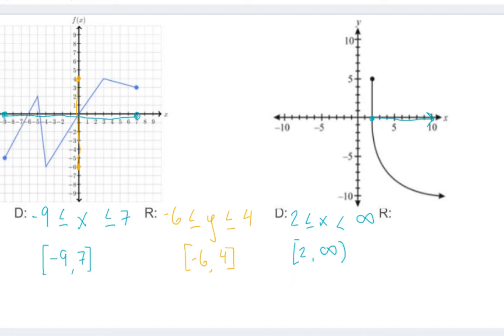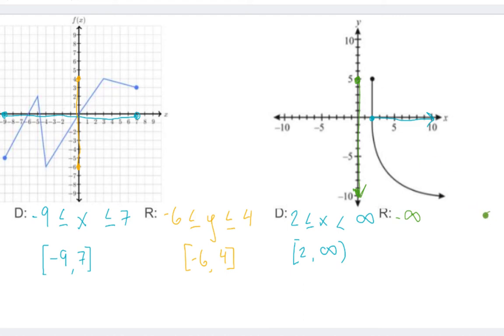So the range in this case, the lowest it goes is down here, and it's an arrow because it goes down. The arrow says it goes down. We follow it up, and the highest it goes is positive 5. So the lowest we're going to go is negative infinity because the arrow says it goes down forever.